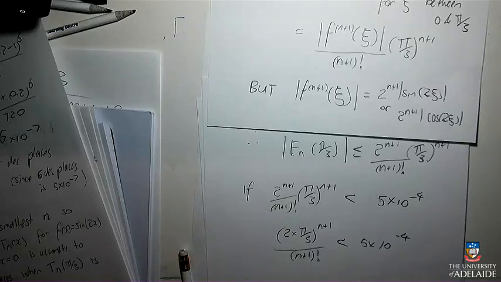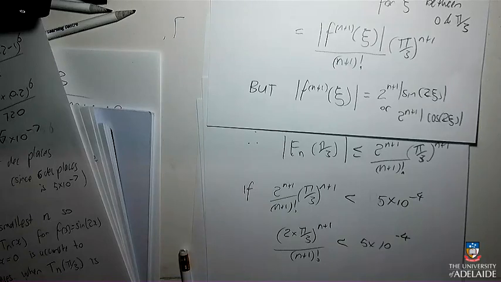So 2 pi on 3 is about 2. Pi is about 3. Pi on 3 is about 1. So 2 pi on 3 is a little bit more than 2. So I need to figure out the point at which 2 to the power of something is a lot less than that thing factorial. So, well, 6 factorial is 720, and 2 to the power of 6 is 64. So we're not quite at the 10 to the minus 4 yet.